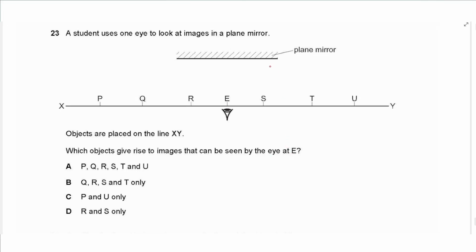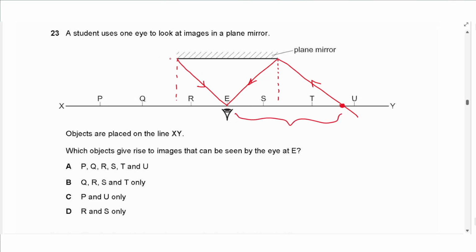So the edges of the mirror would be giving these rays to the eye. So this is the limit of the reflection of the objects. So by drawing normals and drawing approximately equal angles, the light can only come from here or from this region on the right side, and from here or this region on the left side.